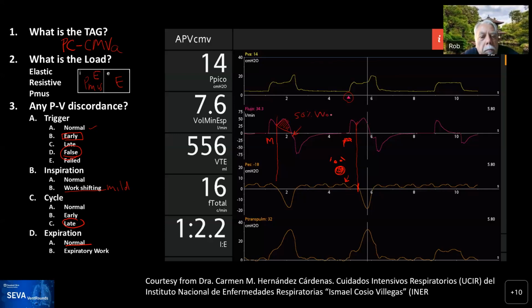I love that. I love that analysis, Rob. That's great, and that's because we augmented the tidal volume by 50% of what the patient was getting. Is that correct? That's what I'm saying. All right. Okay. Comments from the team. Any questions, disagreements?